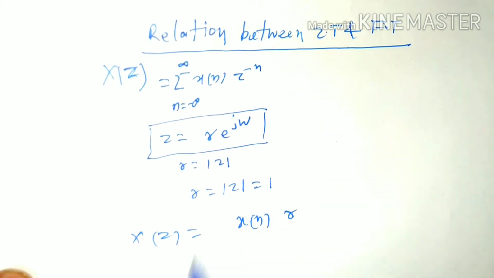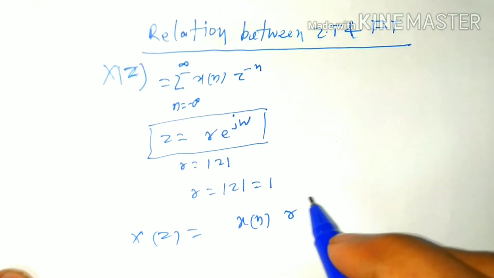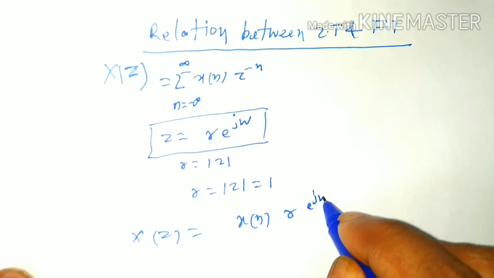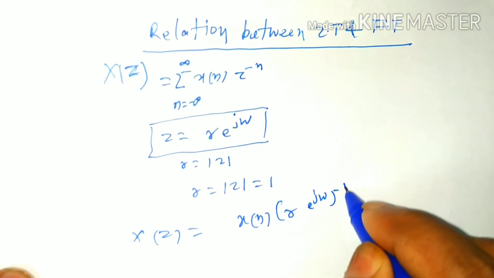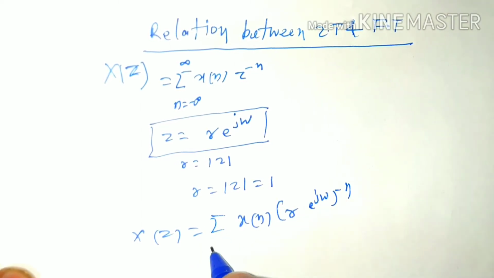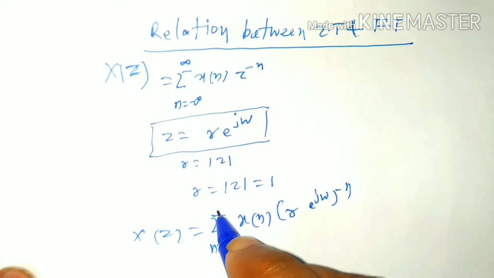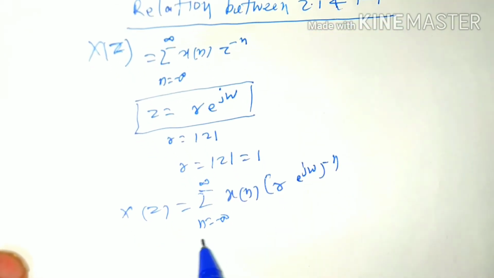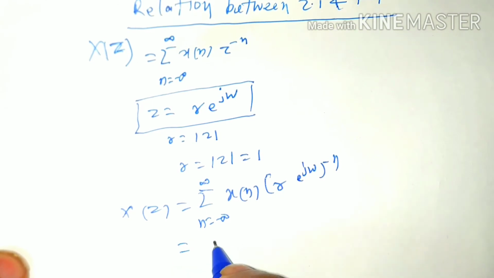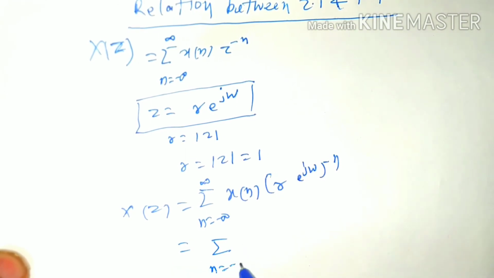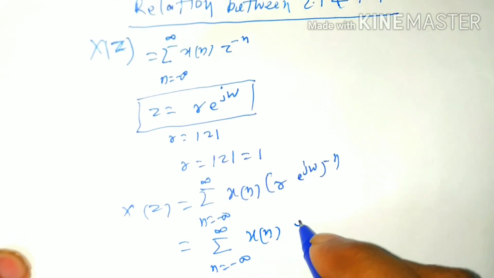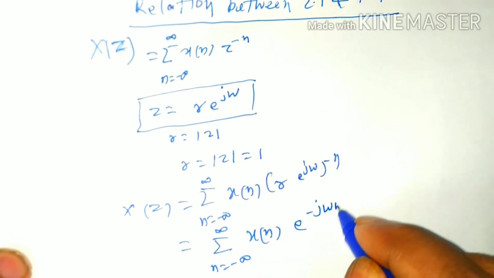and if we put the value of Z equal to r e to the power j omega, to the power n, then it is Z transform. And if we put the value of r equal to 1, then it becomes the sum over n equal to minus infinity to infinity of x[n] e to the power minus j omega n.